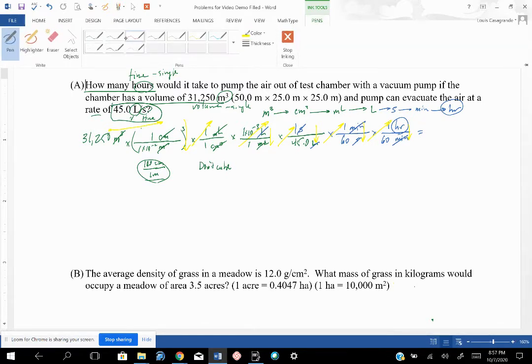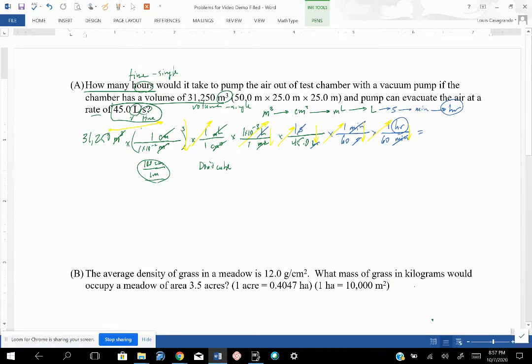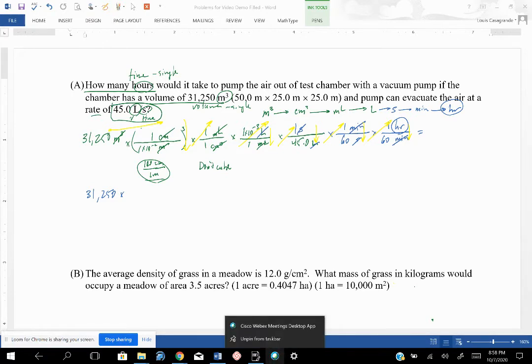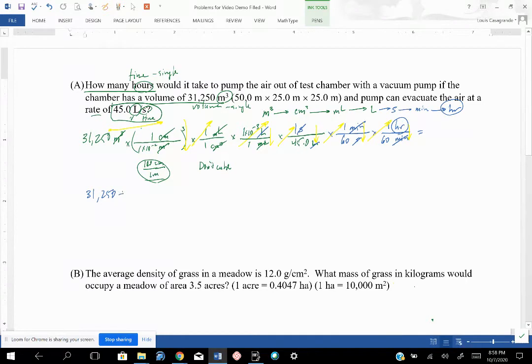And so what we're going to end up doing is into our calculator, we're going to put 31,250. We're going to divide that, sorry. So here's my eraser. Divide that by, now let's do this, let's cube that right now. Cubing that is 1 times 10 to the minus 6. So that's going to be the actual number you're going to convert with, divided by 1.